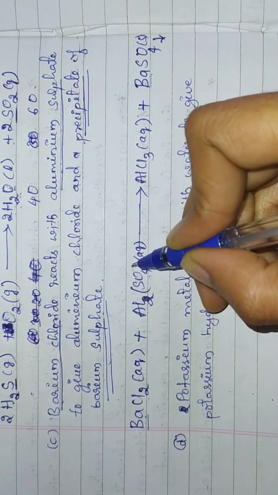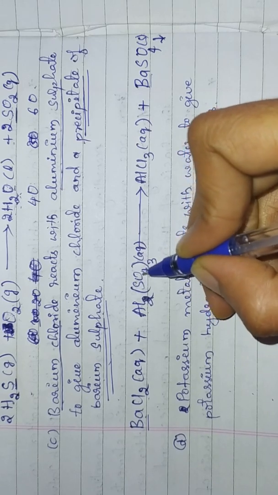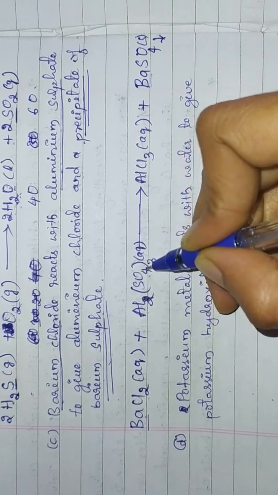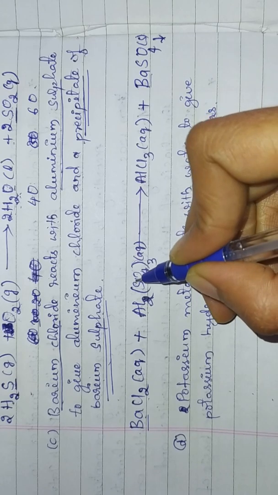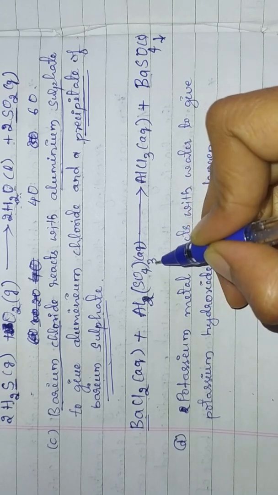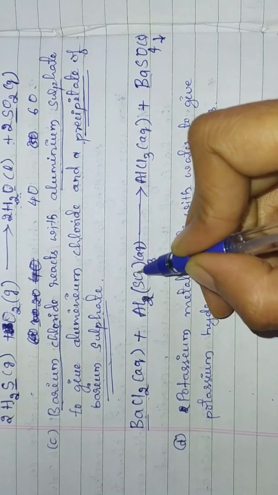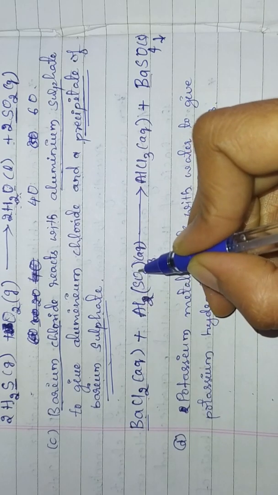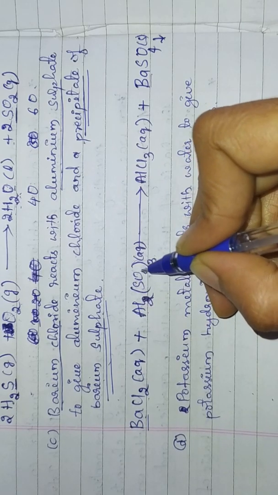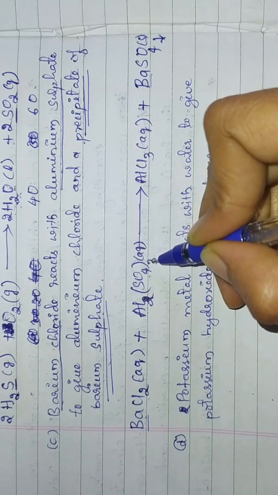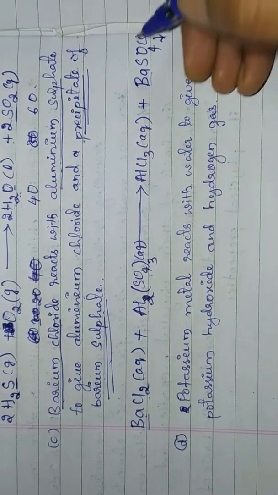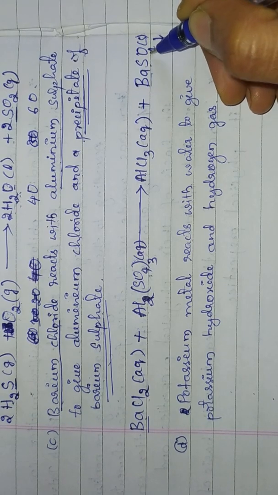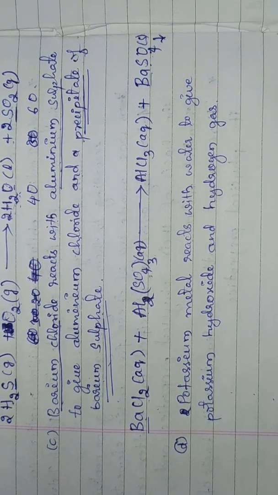Whenever we write some ions inside the bracket, at that time we have to count the whole number. Here 3 SO4 sulfate anions are present. How many? 3 sulfate ions are present. But see here in product side only 1 sulfate is present.